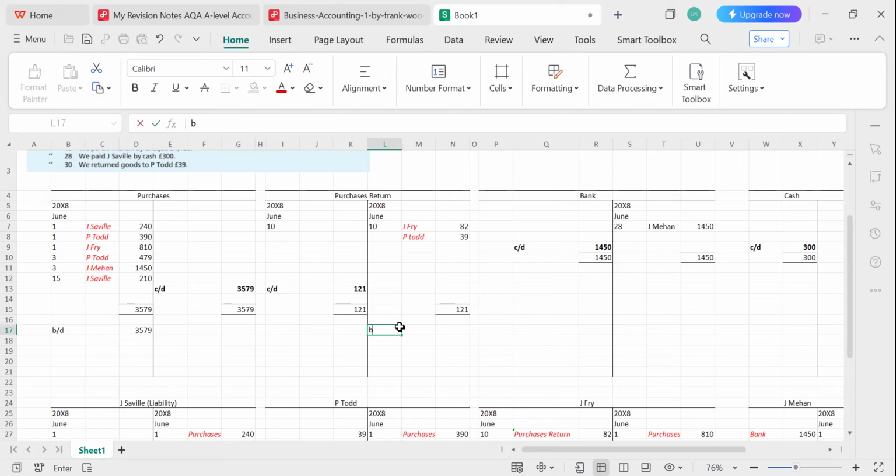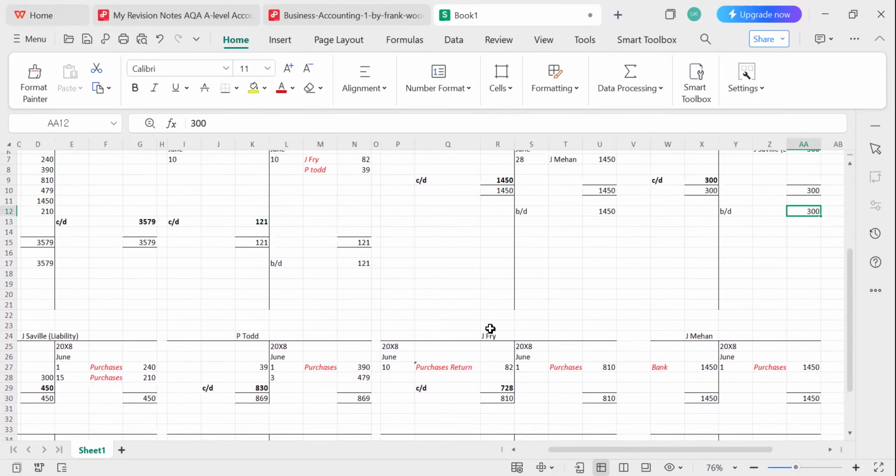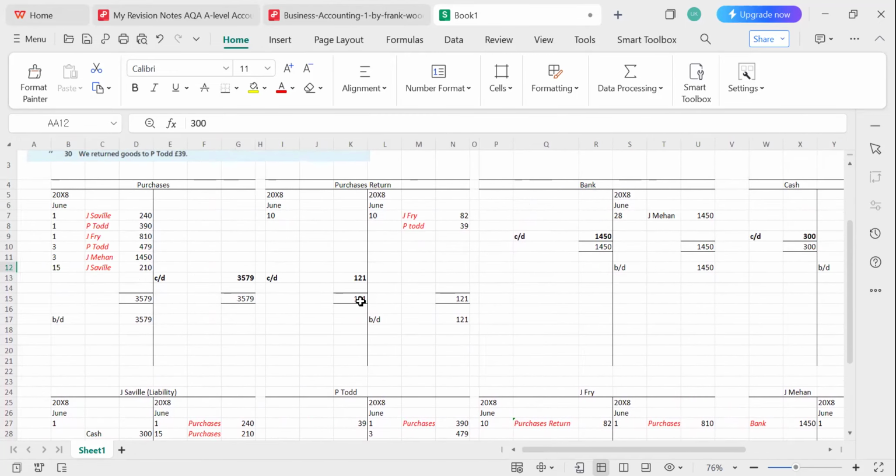For purchase return, our brought down balance is 121. For bank, our brought down balance is 1450. And for cash, our brought down balance is 300. So the carry down actually goes to the opposite side as brought down balance. Hope you understand it.